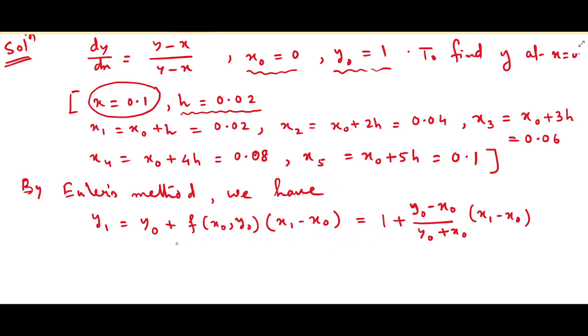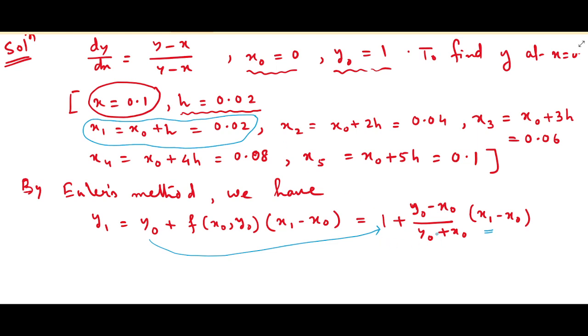First is y naught, the value of y naught we have already put here. Then again we have y naught. y naught is 1, x naught is 0, and this x1 we have here. x1 is how much? Just put all the values here.